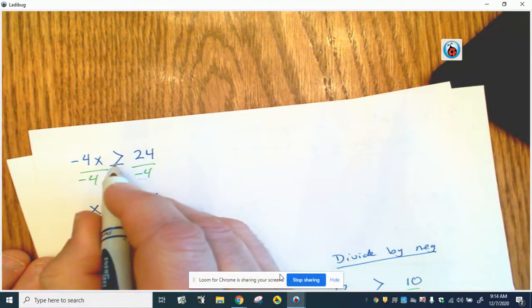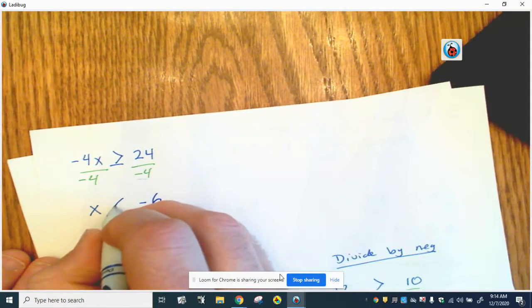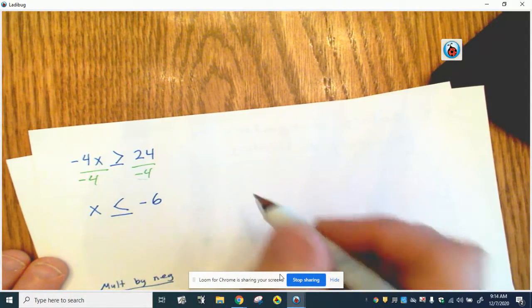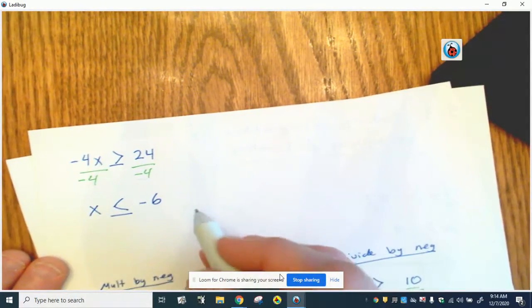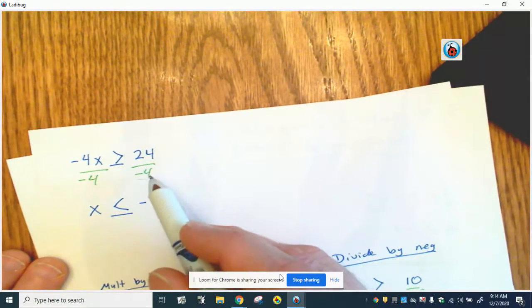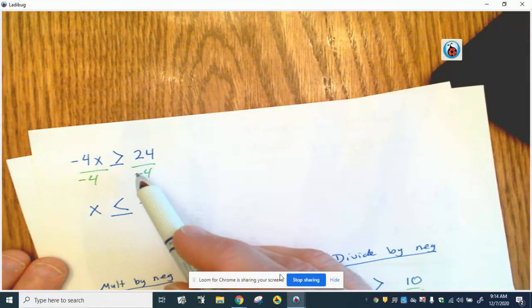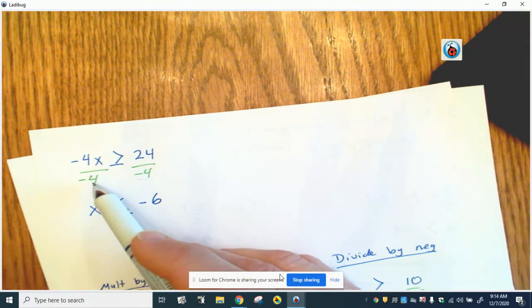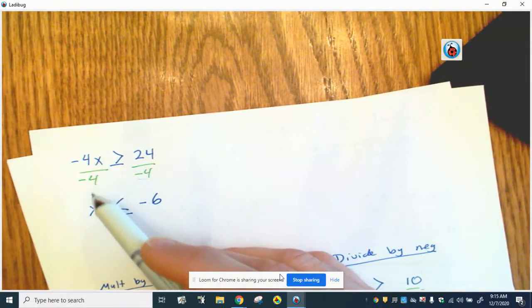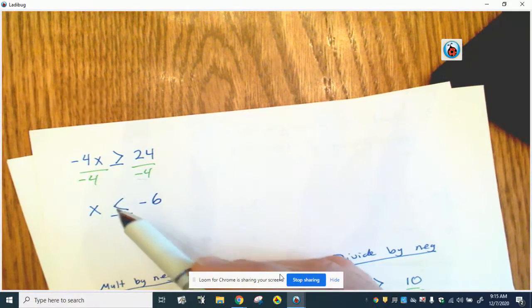But I have to remember to flip the sign over, okay? The biggest thing is if you ever multiply or divide by a negative number, okay? We don't care whether this number is positive or negative. We care about the number that we're multiplying or dividing both sides by. If this happens to be a negative, then you have to flip the sign over, okay?